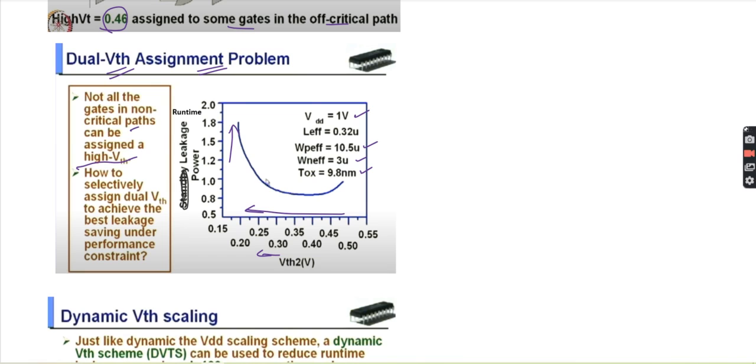So there is no need to assign high threshold voltage to all the gates. Only selective gates need to be assigned. That is why we say dual threshold voltage will achieve the best leakage saving under the performance constraints. So we need to select the low and the high threshold voltages properly, and based on that we can reduce the runtime leakage power.